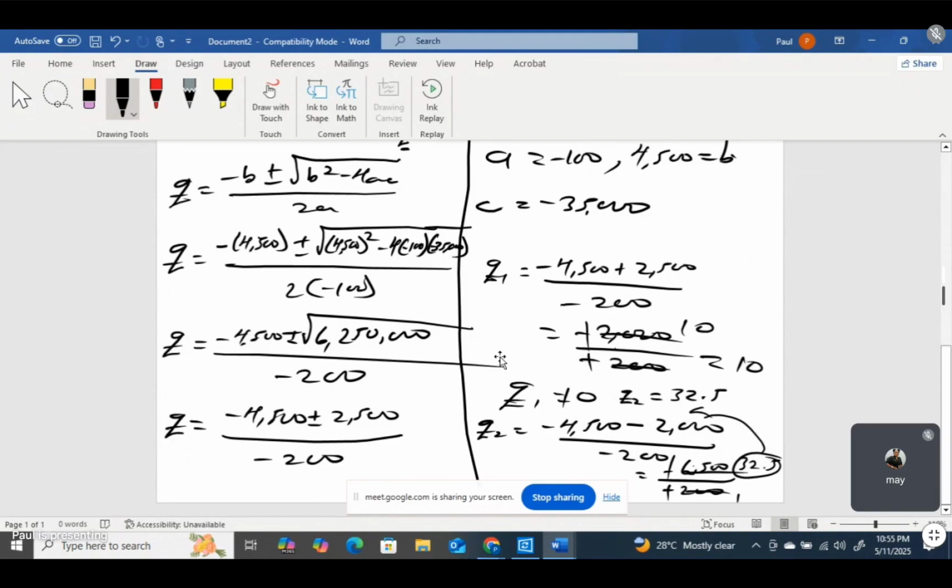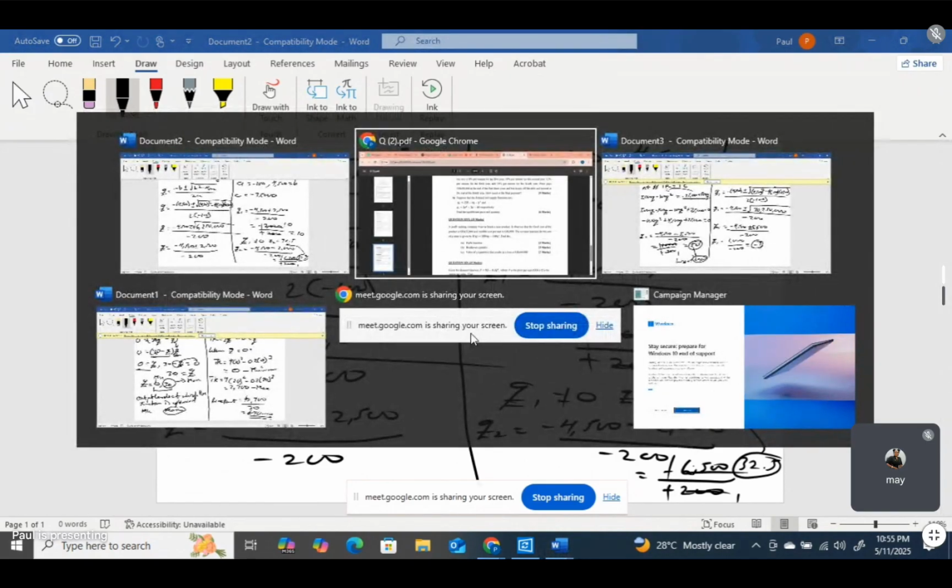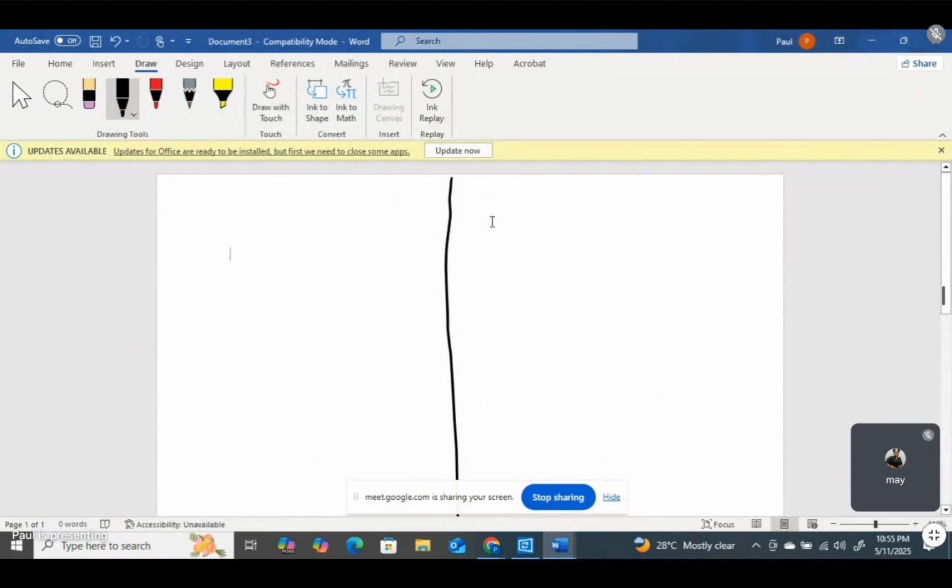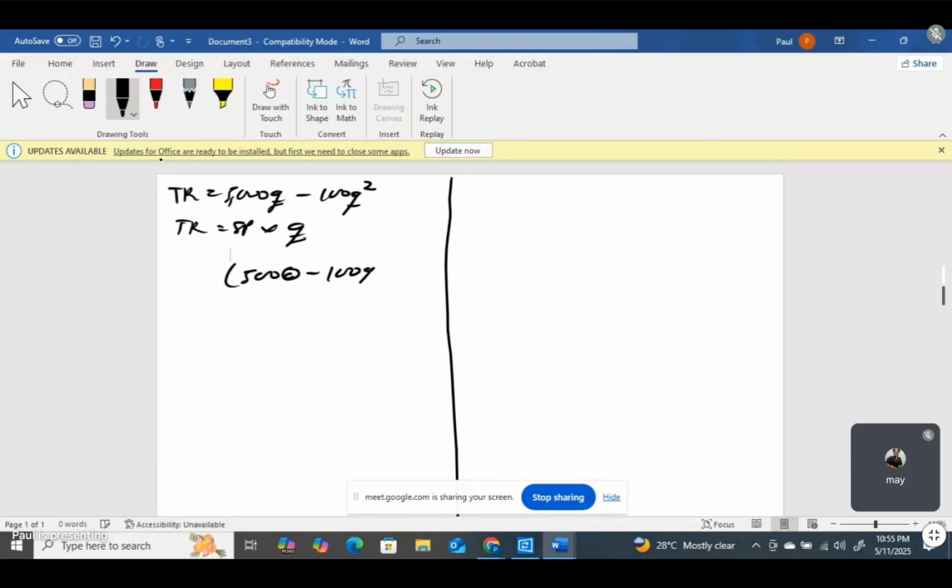Now, I wanted to show you something. Total revenue is equal to 5,000Q minus 100Q squared. And we know total revenue is equal to the selling price times quantity. So if I factorize out the quantity, I'll get 5,000 minus 100Q times Q. So this becomes my selling price: 5,000 minus 100Q.